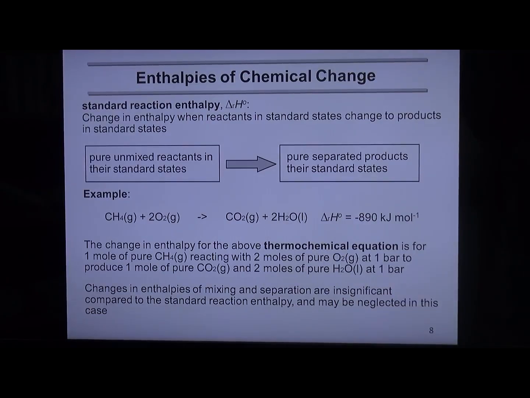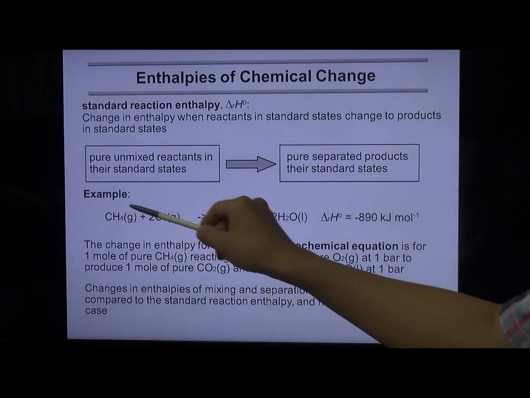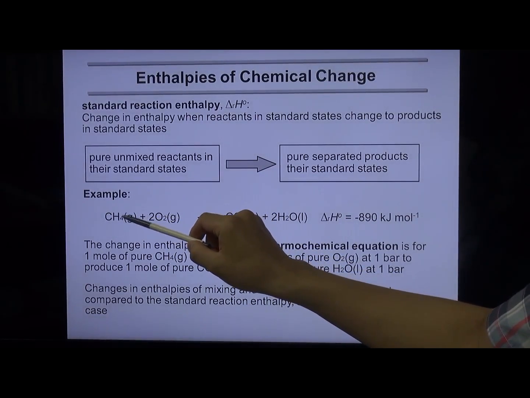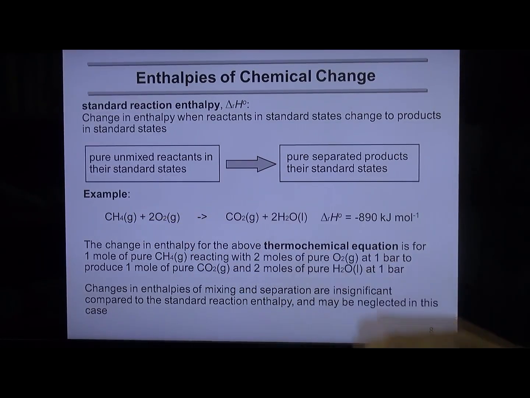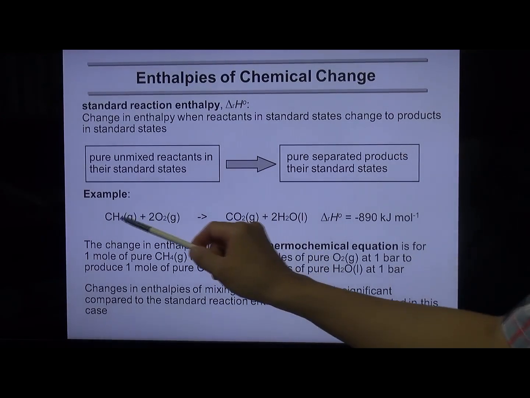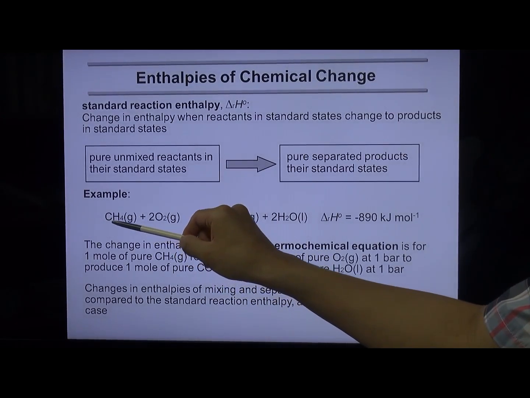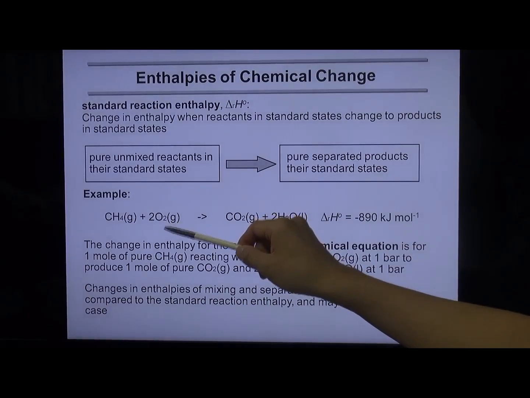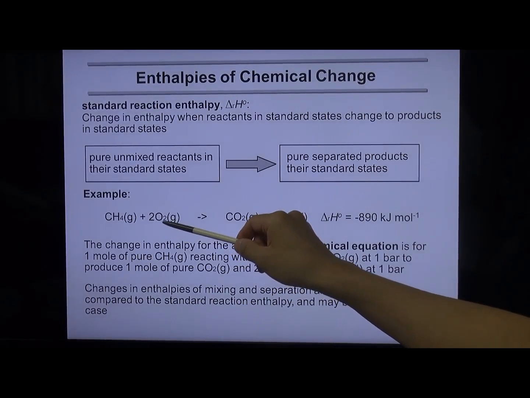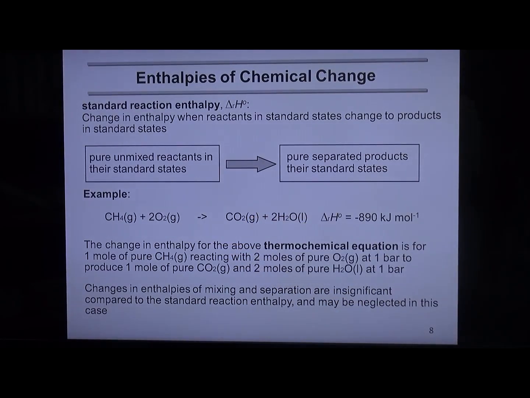Then we just calculate how much the enthalpy changes to make this compound, CH4 in gas state, from its components. Here components means C, carbon, and H, hydrogen. In the case of oxygen gas, O, the oxygen atom is the component, right?